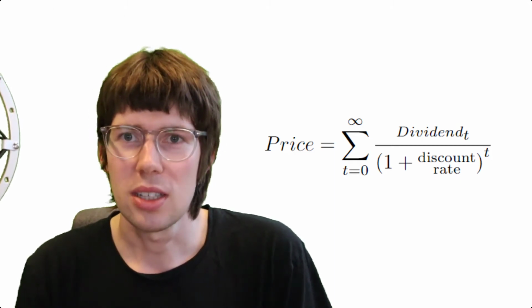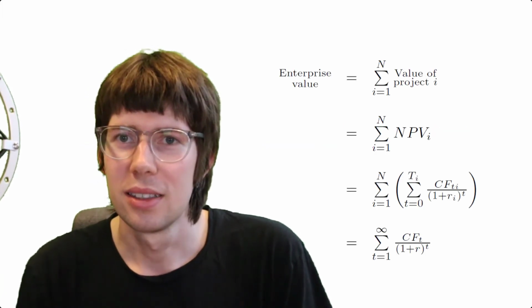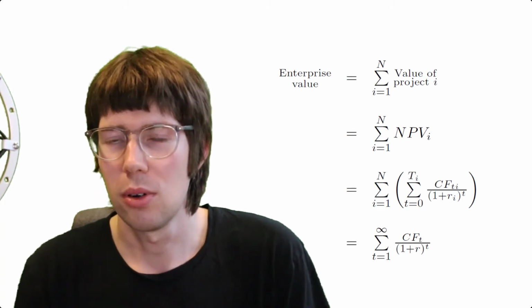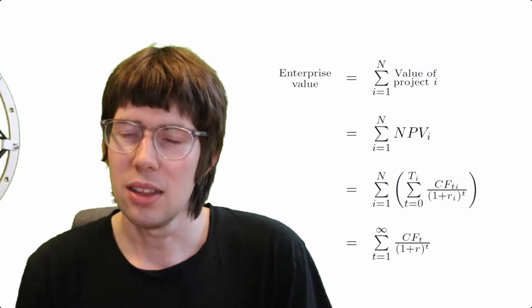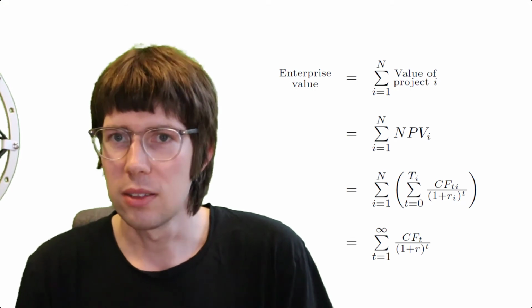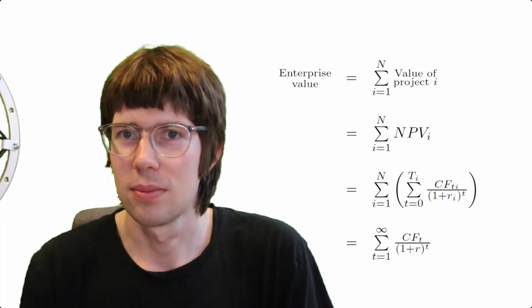So you could just say that the value of the company is the discounted sum of all the cash flows they will ever earn. Essentially, the value of a company is going to be the sum of all the investments that the company is ever going to undertake.